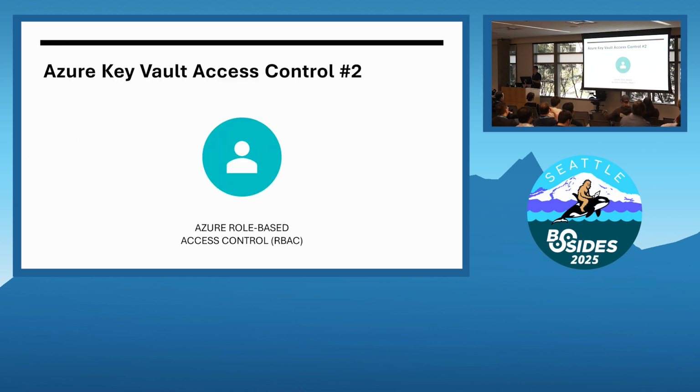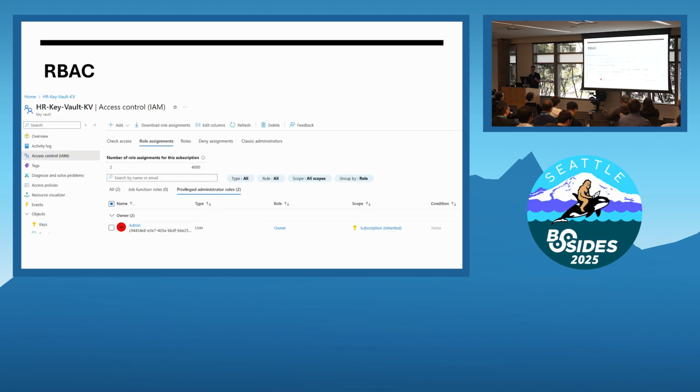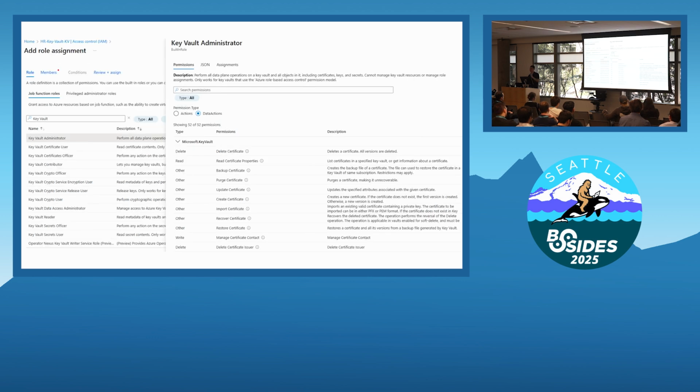This brings us to our second method of accessing Key Vault, which is via Azure Role-Based Access Control, or RBAC. Like access policies, this can be applied to any service principal or user. In this case, we see an admin user has an owner role on a subscription, but Key Vault has its own specific roles just for it.